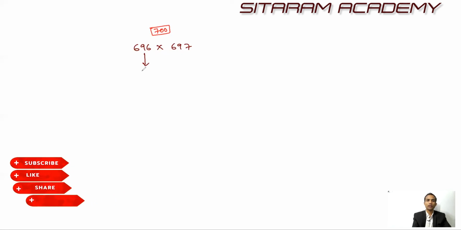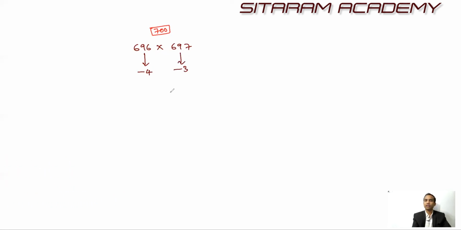All right. So for example, we have 696 into 697. We have to multiply this. So these numbers are near to 700. That means we have to multiply it with 7. That we need to remember. All right. So now here this is 4 less than 700. This is 3 less than 700.